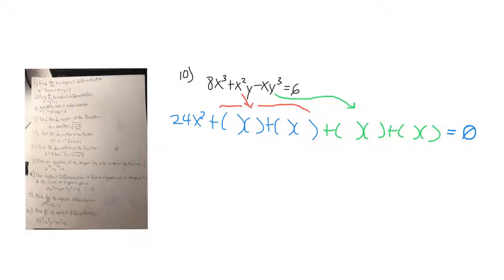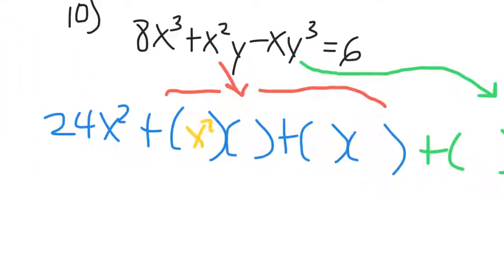Okay, so we're going to keep the first thing, change the second thing. So y becomes dy over dx. And now we're going to change the first thing and keep the second thing. So that's that.